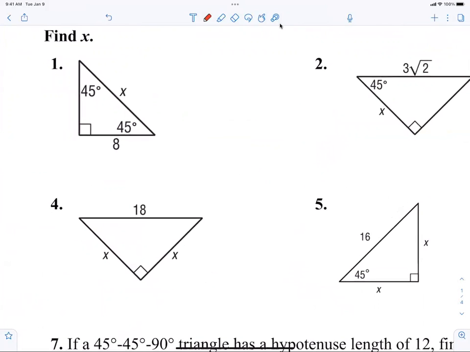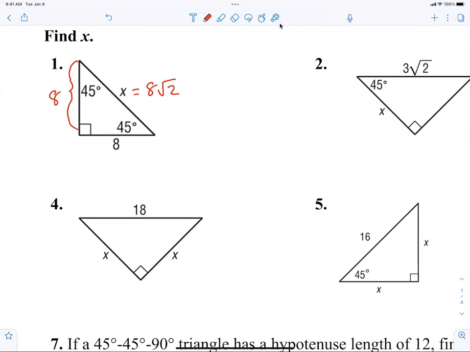All right. So someone please tell me what this side length is. 8. What's the hypotenuse? 8 radical 2. That's how simple this is. And like I said, for whatever reason, this is like a difficult thing for kids.